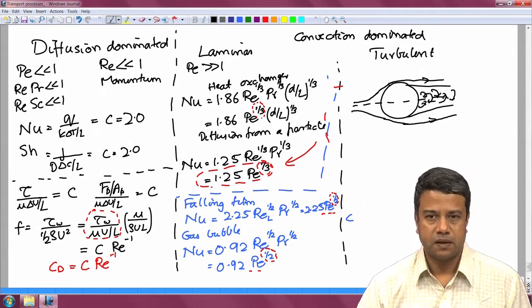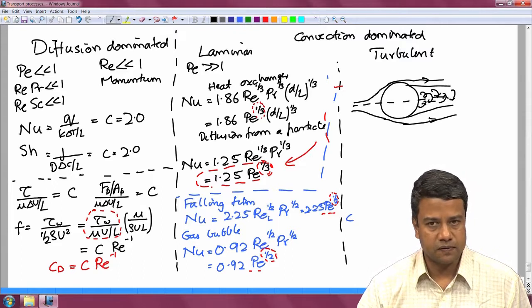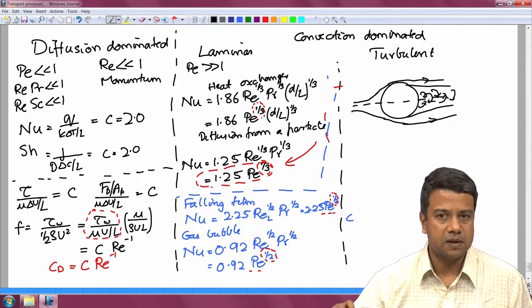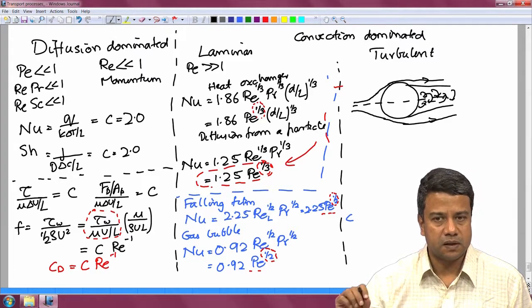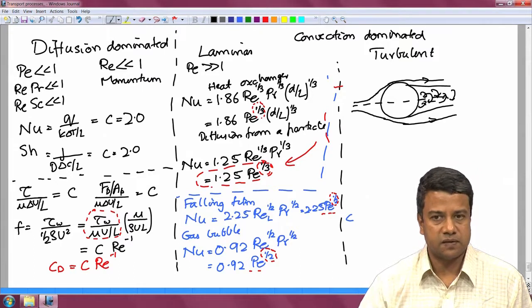So, the point I am making is that this distinction between laminar and turbulent flows takes place abruptly at a particular value of the Reynolds number. Beyond that, there are no smooth streamlines, but rather there are large cross stream velocity fluctuations. And in that case, you have transport not just due to molecular diffusion, but also due to the fluid velocity fluctuations.